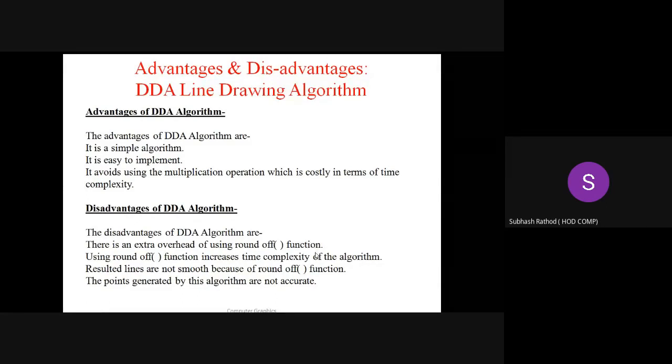And second, we will not get accurate values as we are rounding the values, and that leads to not getting a smooth line. Remember, these are the disadvantages of the DDA line drawing algorithm.